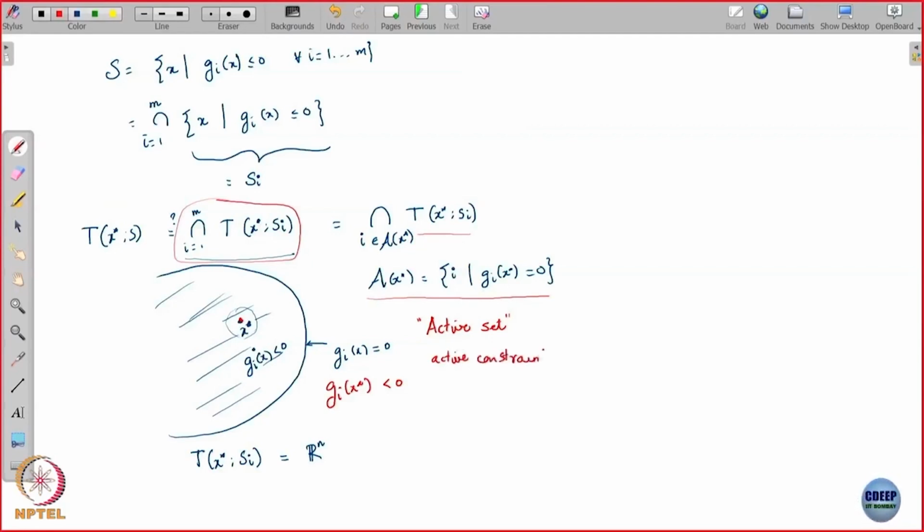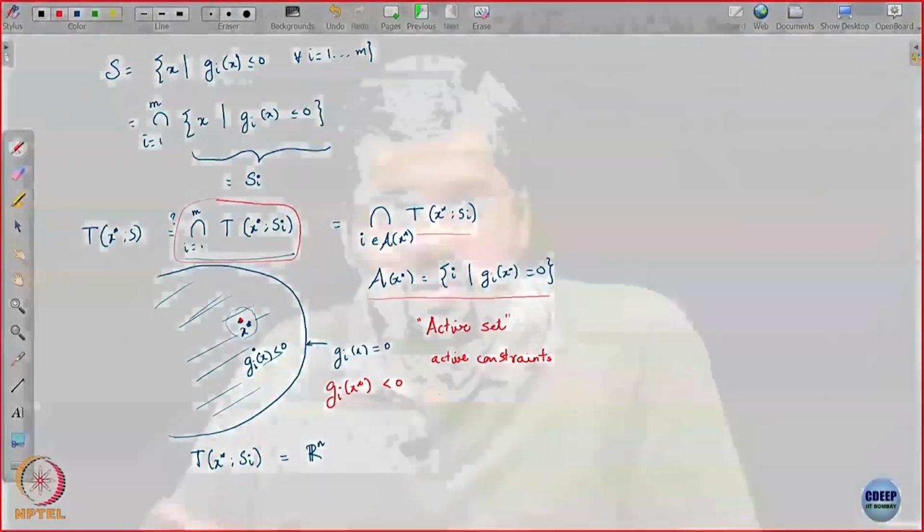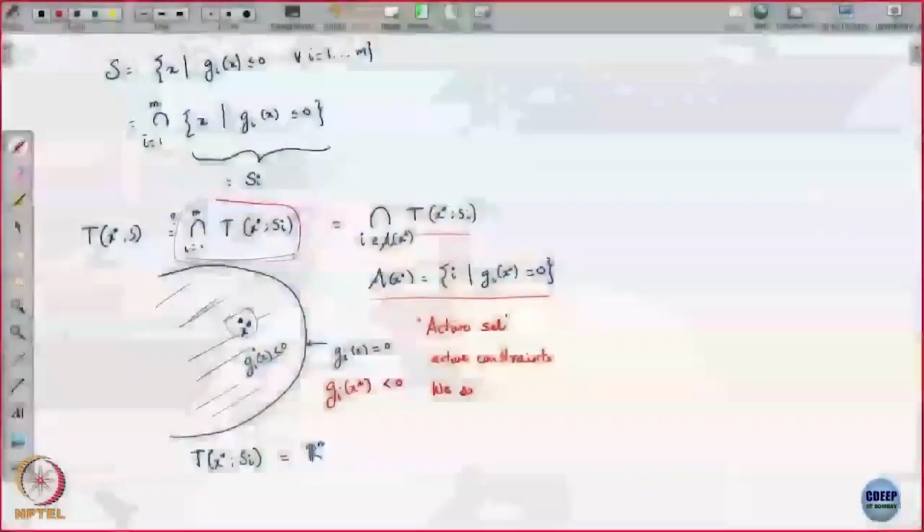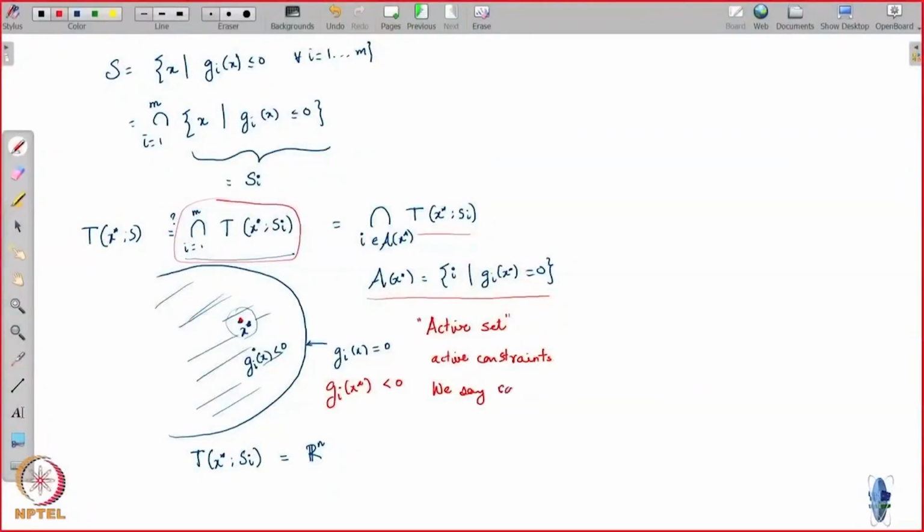We say a constraint i is active at x star if g i of x star equals 0.